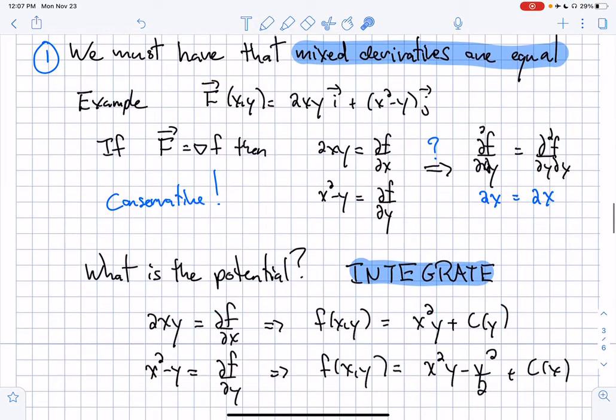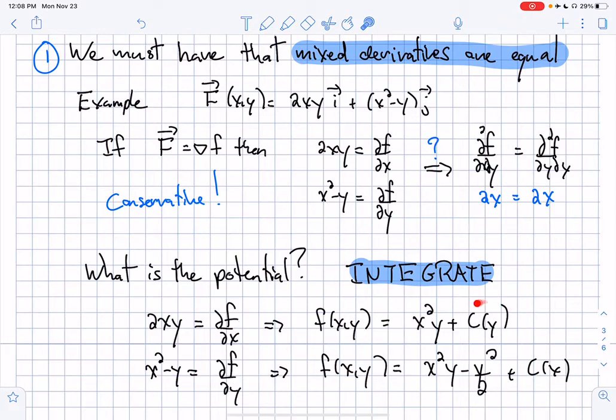I just have to integrate. Because I know this is the x derivative of the function f, so I integrate with respect to x. So I get x squared y, and then I also have to add some function of y, because I integrate with respect to x.